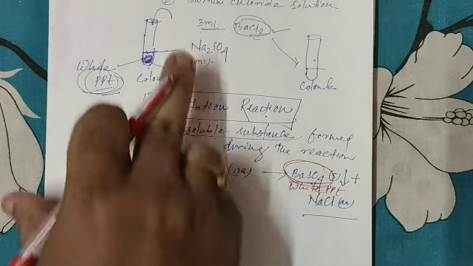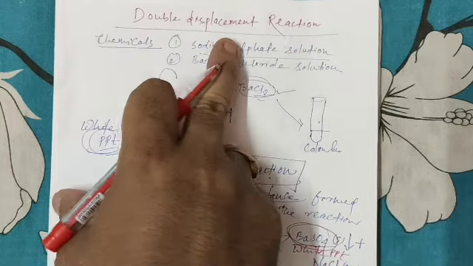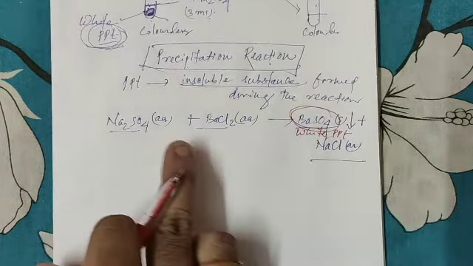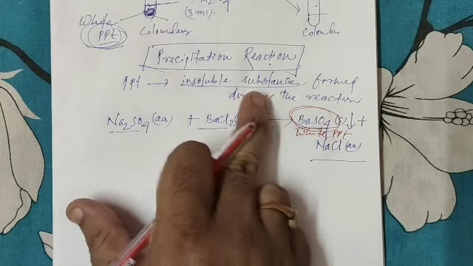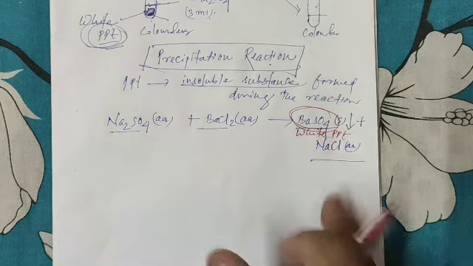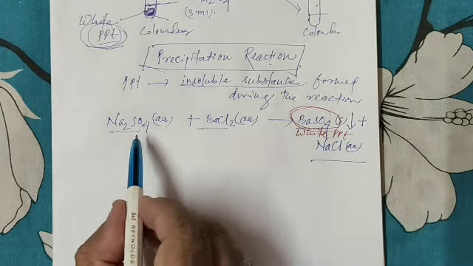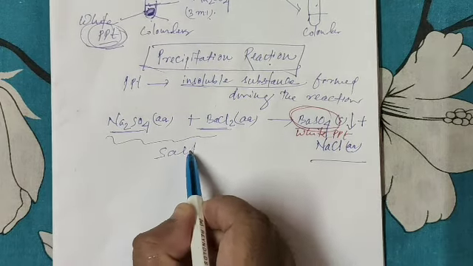But our main heading is double displacement reaction. So how can you define double displacement reaction? Because this precipitation reaction is also a double displacement reaction. Let us see what these are: both are salts.